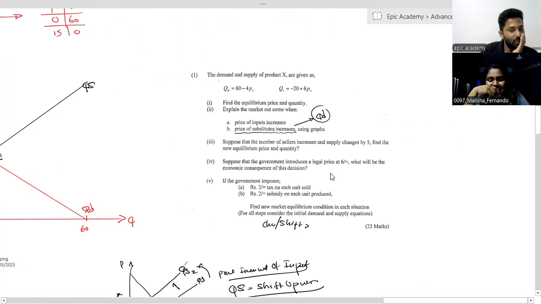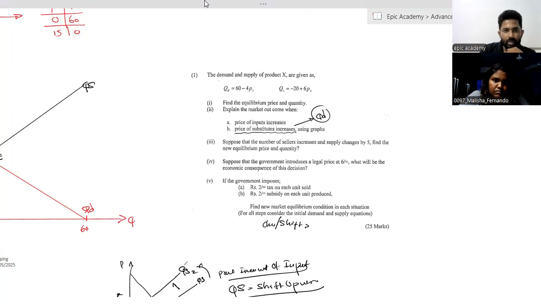If there is a connection with question number one, they would have said, just suppose the previous situation and the government introduced a legal price. If there were something like that, we would accept the earlier situation. But there's nothing like that here, so we have to calculate this one. I think they're expecting that, isn't it? Yes.